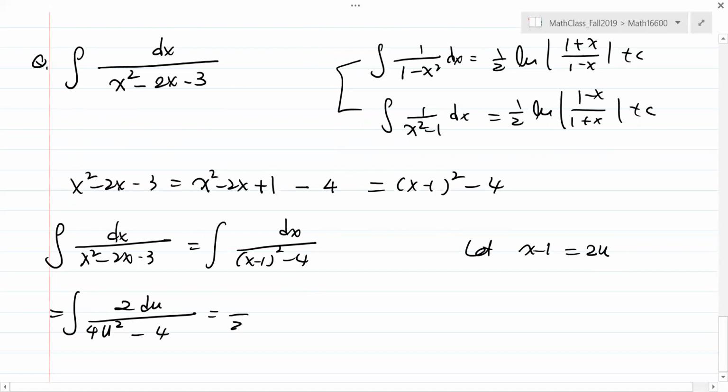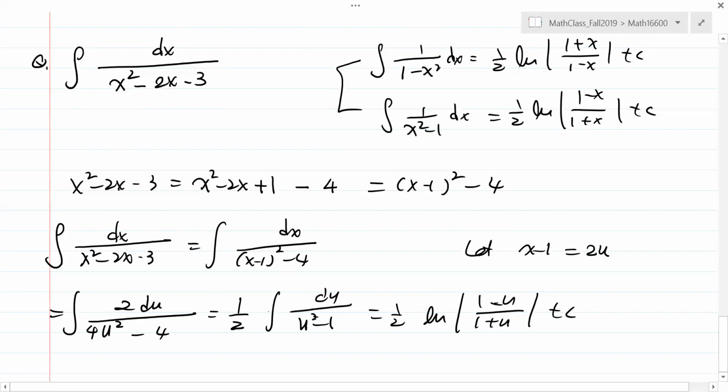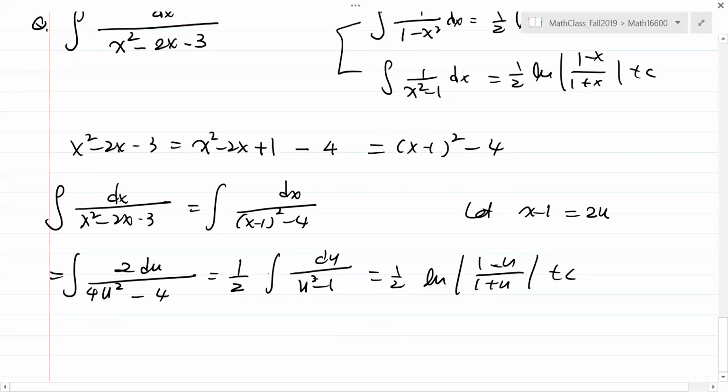Then you take 4 out, and you know the formula for that, right? It is going to be half of natural log of (1 minus u) over (1 plus u), plus a constant. Then you substitute back, what is u here?